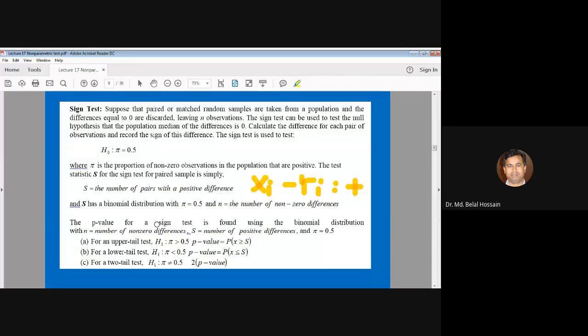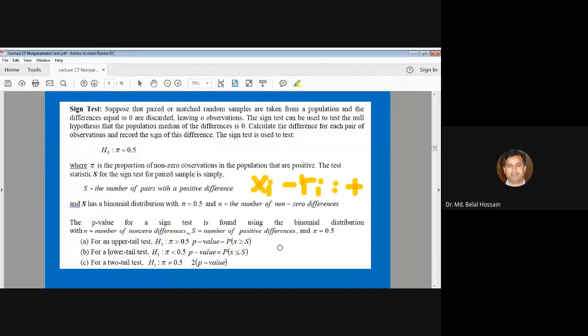That S has a binomial distribution then with parameter pi equals 0.5 and n is the number of non-zero differences. So it will follow a binomial distribution table.